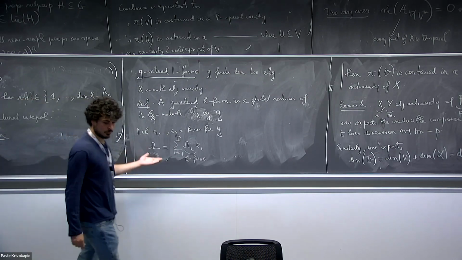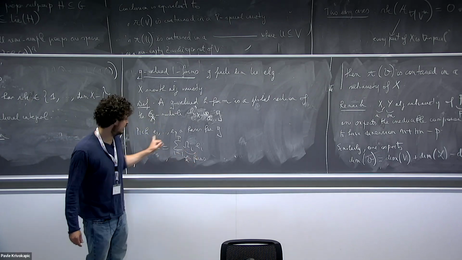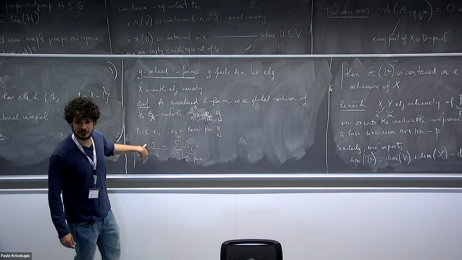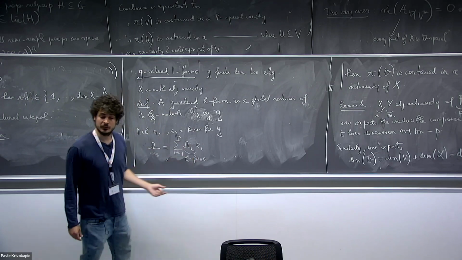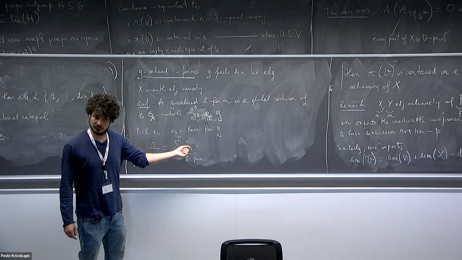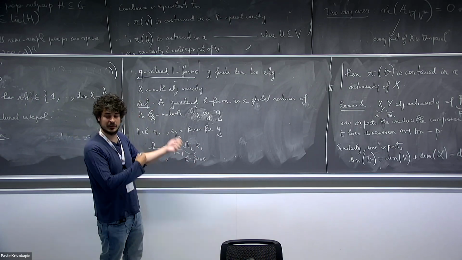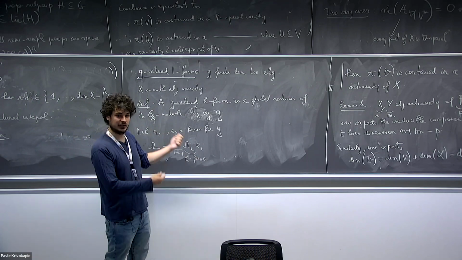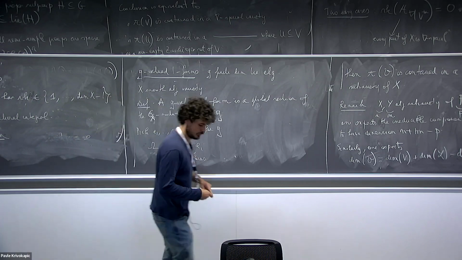You can do the usual things you do with forms. You can pull back. If you take this definition, you can just define the pullback by taking the pullback of the omega i. You can take the exterior derivative. If you're given a vector field, you have a Lie derivative. You have an interior product, and they satisfy exactly the same formulas.